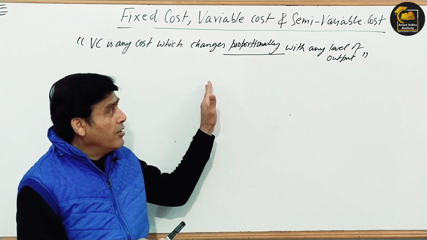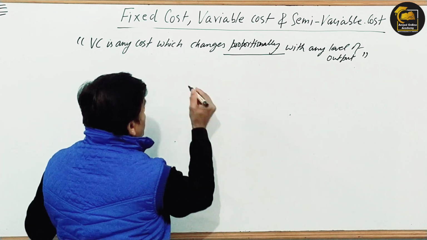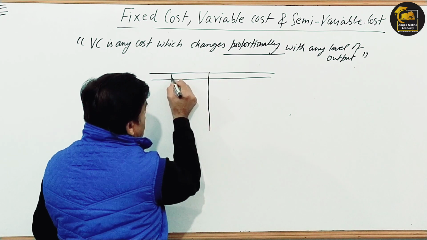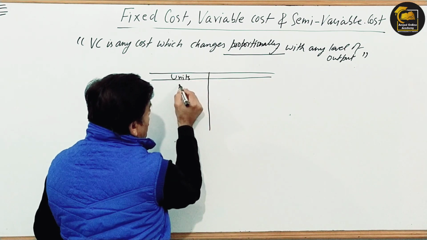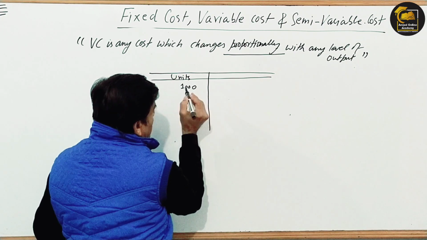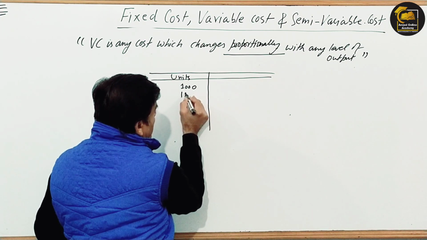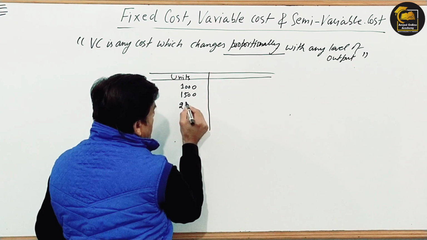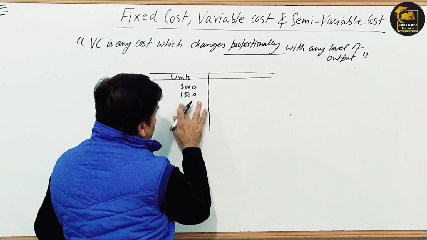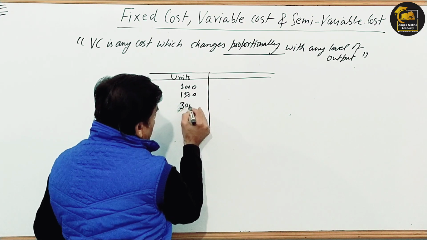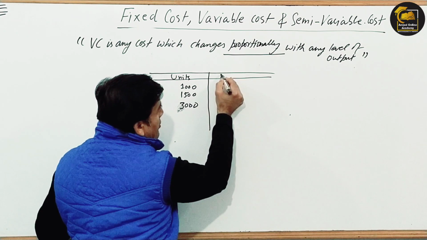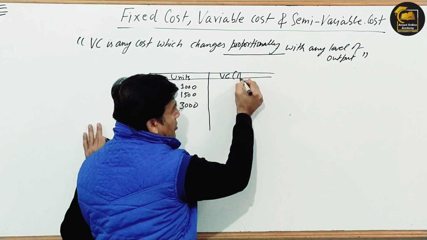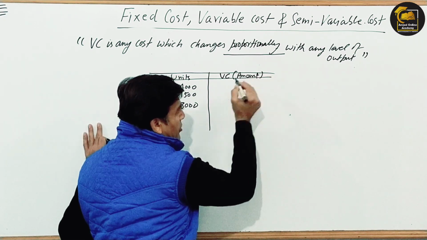What I want to say here is, for example, suppose these are the units, and you are producing 1000 units, then 1500, then 3000, and these are the VC in amount.